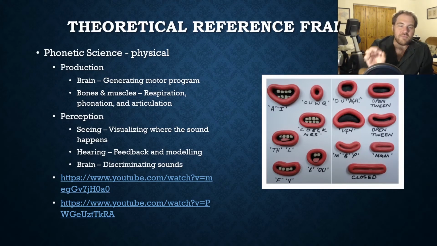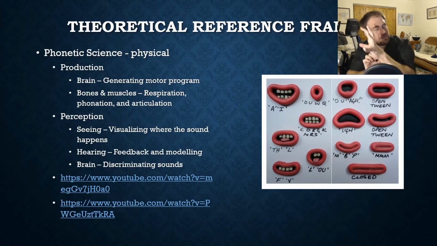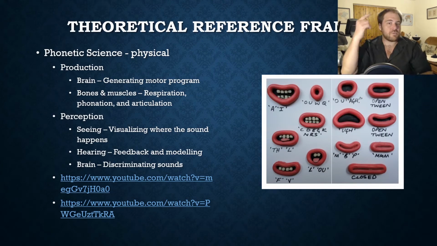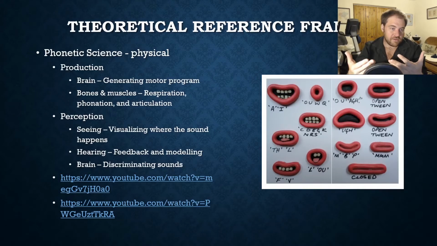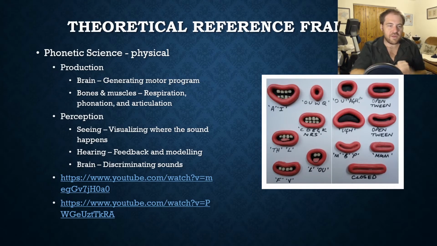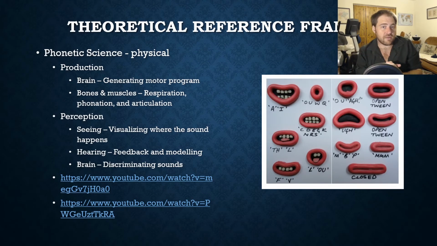And if there's a problem there, anywhere, the muscles of respiration, phonation, articulation, any of those, then you're going to have a disorder there too, an articulation disorder. Because the motor program is correct, but the actual production is impaired. So, a problem with the brain is a phonological disorder, and a problem with the musculature or the shape of the bones or the shape of the tissue, anything like that, that's going to be an articulation disorder.